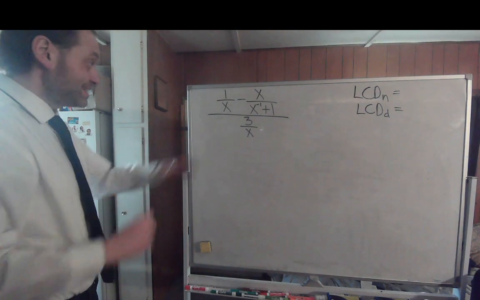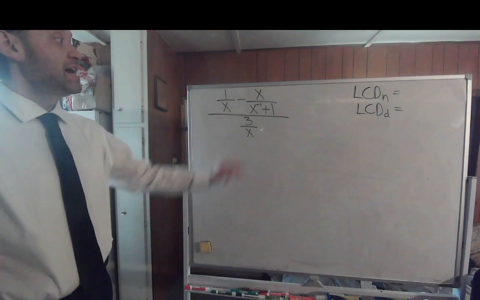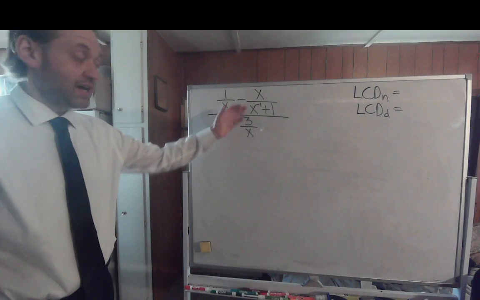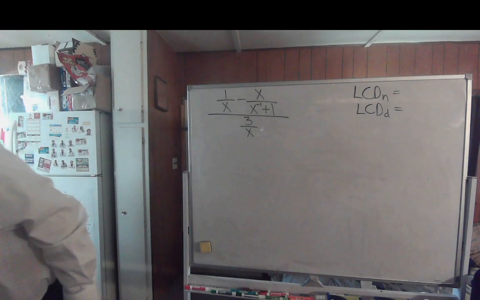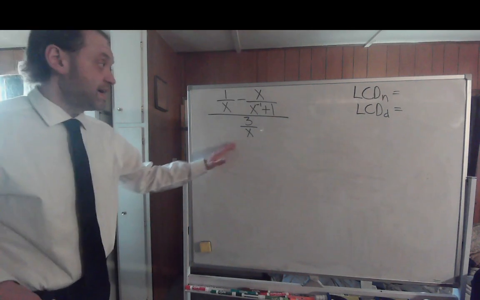So this got to be a bit of a pain here, because in actuality you're going to have a complex fraction inside of a complex fraction. So let's go ahead and figure this out.